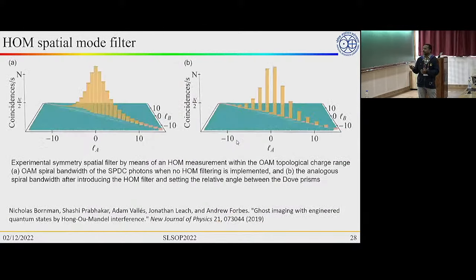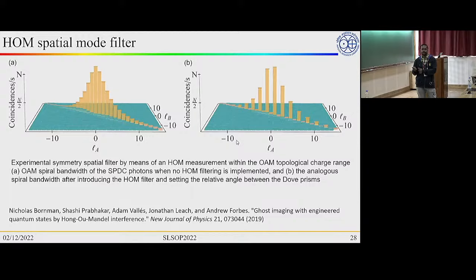So if you do not do any Hong-Ou-Mandel, you have this spectrum that I showed some time back, and if you have this Hong-Ou-Mandel filter, what will happen is, for a few of the states you are generating symmetric and for a few of the states you are generating anti-symmetric. Like 1 minus 1 will give you anti-symmetric, and 2 minus 2 will give you symmetric state. So they will give you these coincidences, but all odd numbers will not give you coincidences.